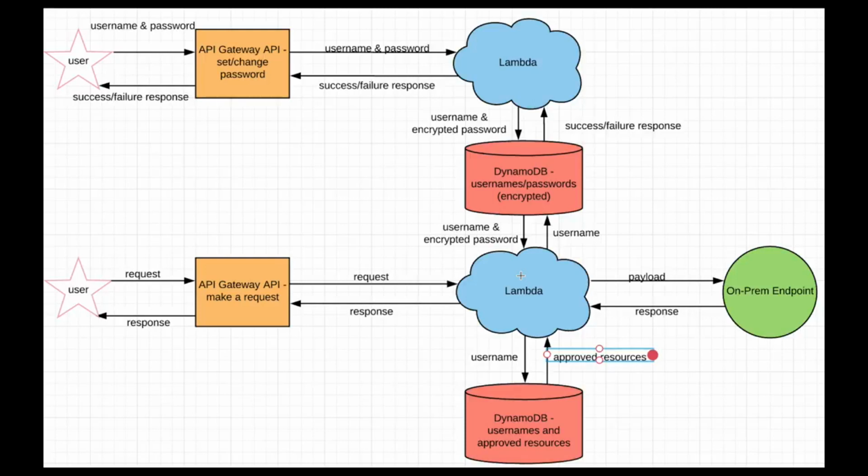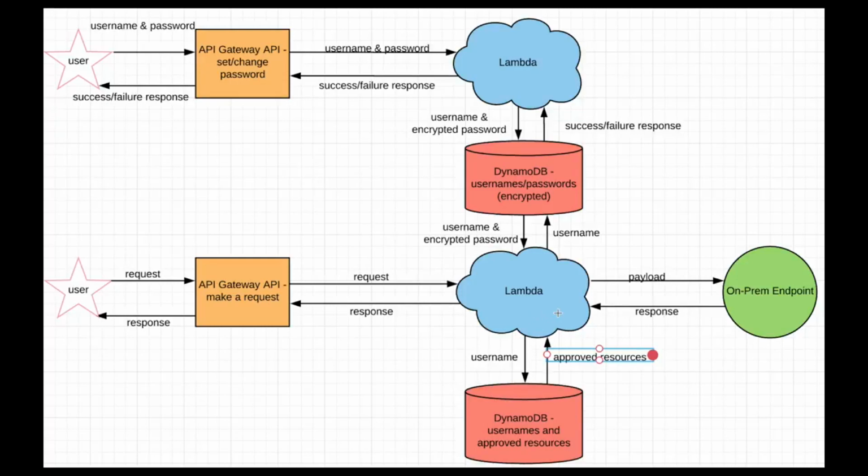If it is, the user is authenticated, we then move to step 2, which is seeing if that user is supposed to have access to the resource that they are trying to access. And to do that, we go over to this secondary DynamoDB table and extract the record with their username.